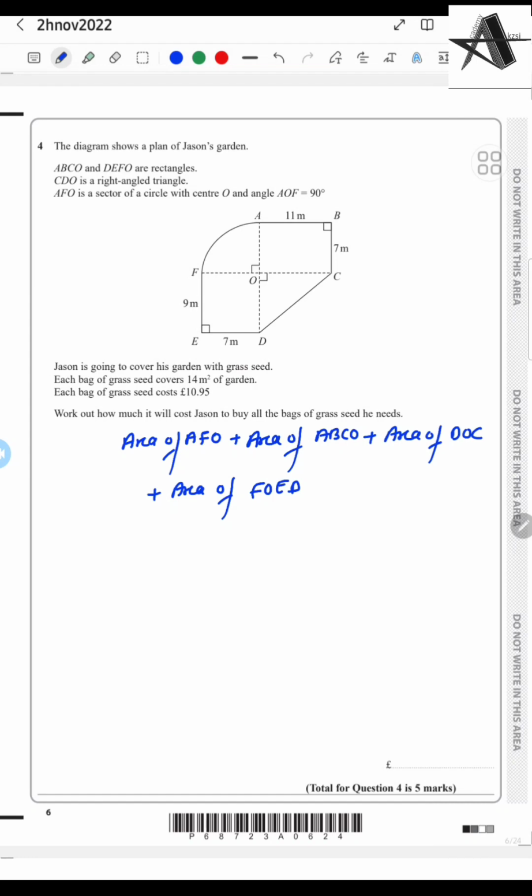As I told you, it's 1/4 of the area of a circle, so it's going to be pi r squared over 4, plus area of ABCO, that comes out to be a rectangle. That means it's going to be 11 times 7. Then area of DOC, which is a triangle, that is half times base, which is 11. Clearly this is 11 times height, which is clearly parallel to 9. So it's going to be half times 11 times 9.